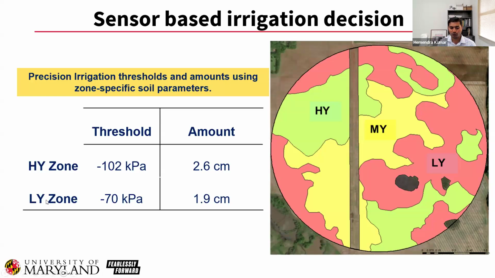However, if you consider the LY zone, this will be 70 kilopascal at the rate of 1.9 centimeters. You can see how much water we were going to save, let's say around 0.7. But imagine 300 acres multiplied by 0.7 centimeter; this much amount of water you are going to save each time you trigger the irrigation in the field.